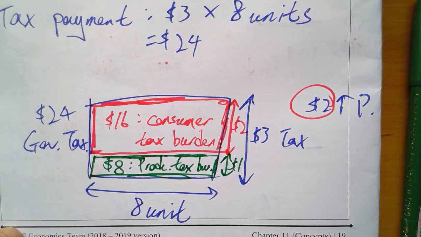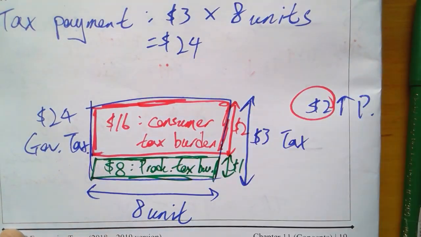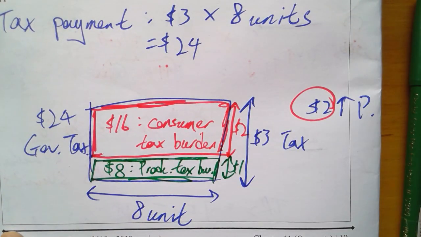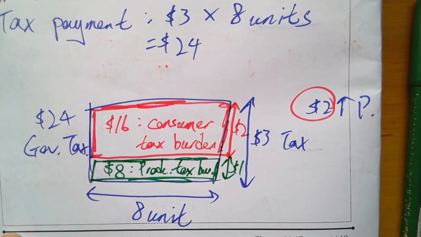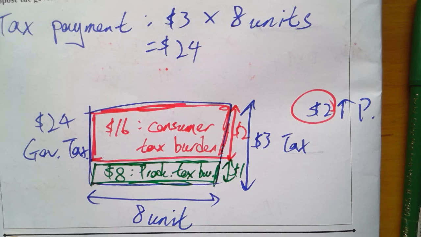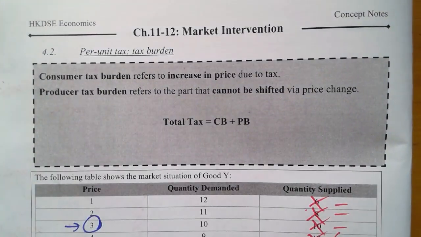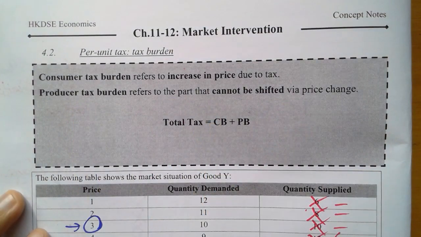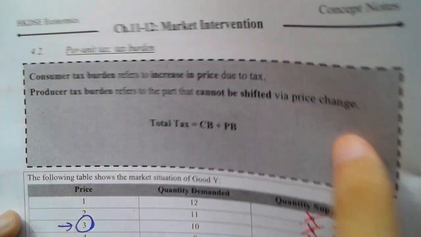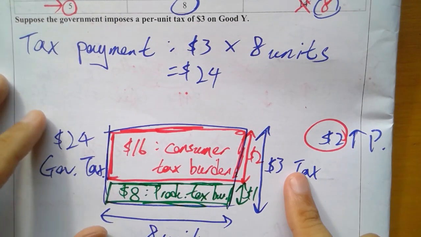So what is consumer tax burden? It means the increase in price due to an introduction of tax, because the tax made them pay more. This part we call consumer tax burden. Producer tax burden is the rest of it. We have some terms to learn. Think about it. Government collects $3.